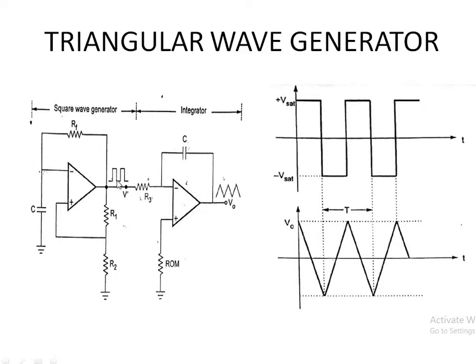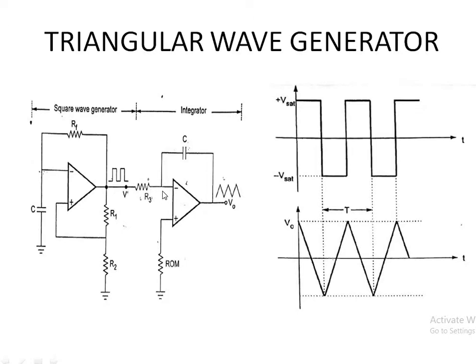At the output of the square wave generator we will get square pulses, that is, the output will switch between two values, positive V saturation and negative V saturation. Now what will we get at the output of the integrator during the positive V saturation and negative V saturation levels of the square wave output?